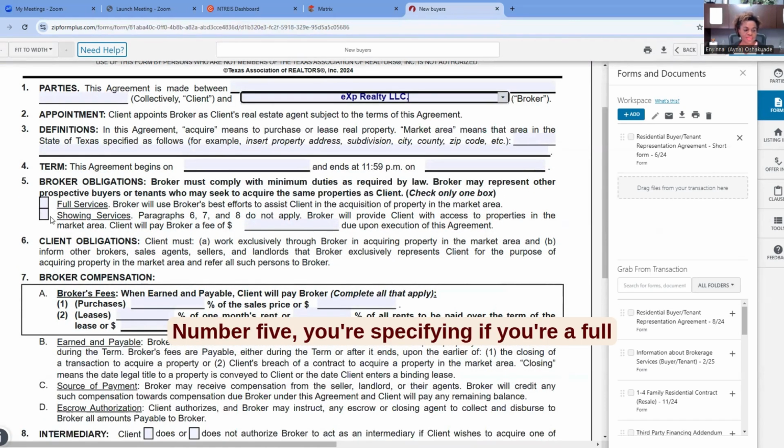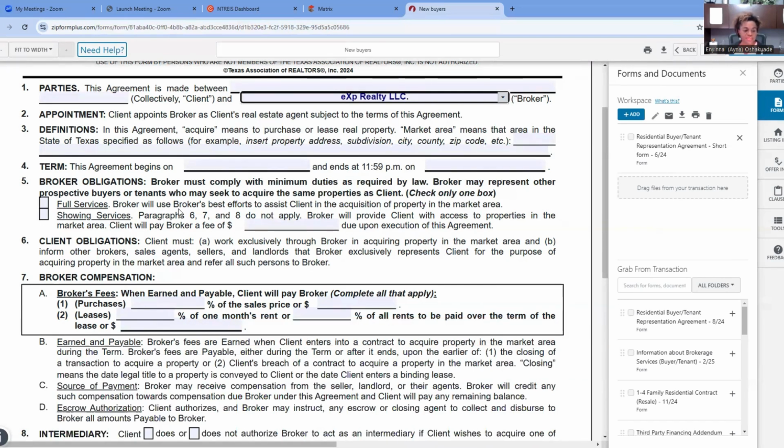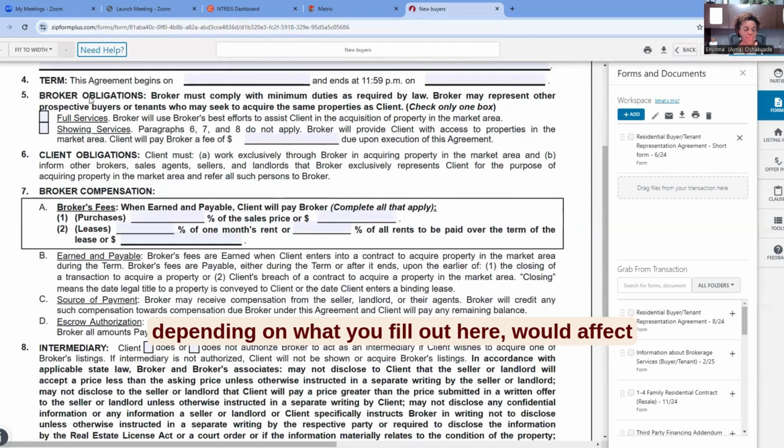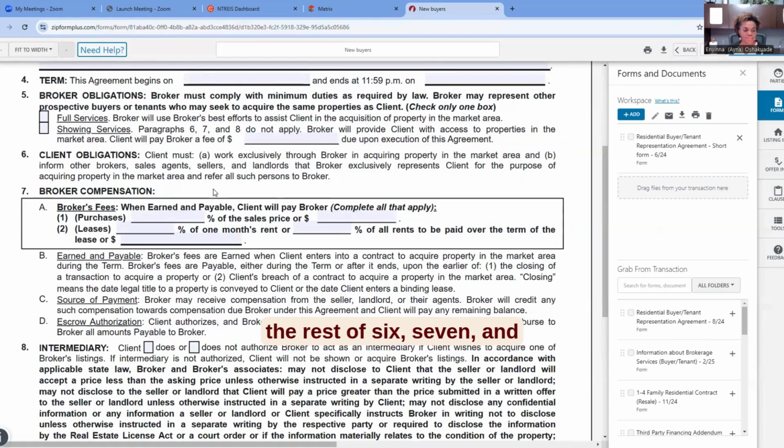Number 5, you're specifying if you're a full service agent for this person, representing them full service, representing their interest in the transaction, or if you're just showing them the property or properties. Depending on what you fill out here would affect the rest of 6, 7, and 8. It says 6, 7, and 8 do not apply if you are just doing a showing service.